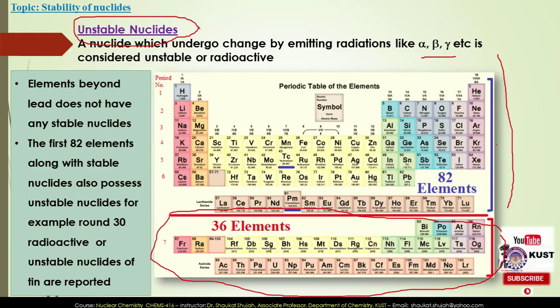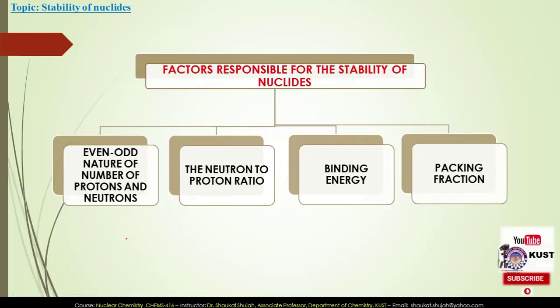For example, tin, along with 10 stable nuclides, also has 30 unstable or radioactive nuclides. It is logical to ask why only around 10% of the discovered nuclides are stable. Or in other words, what are the various factors leading to nuclear stability?